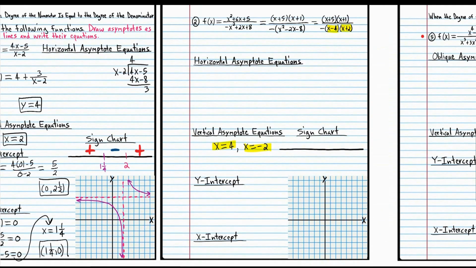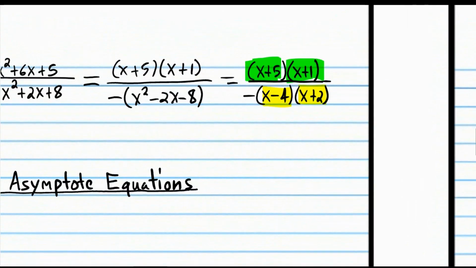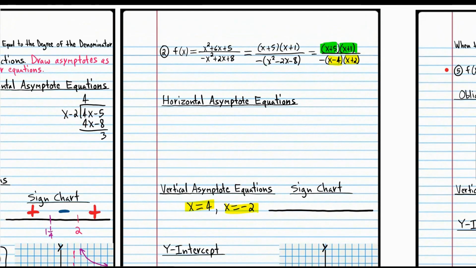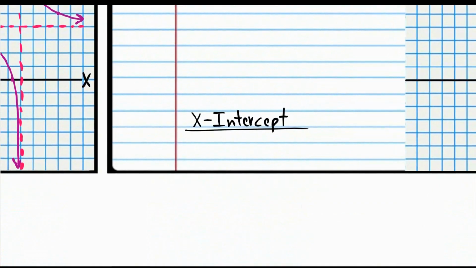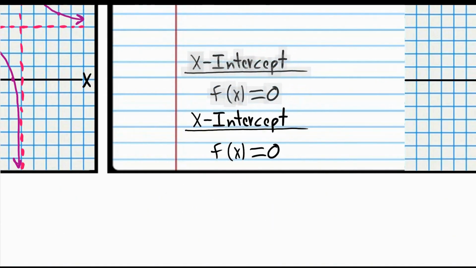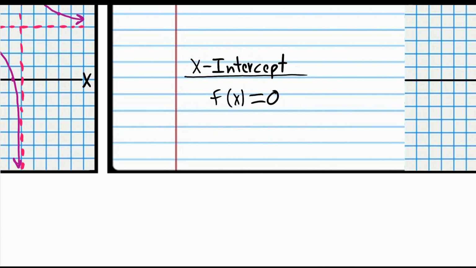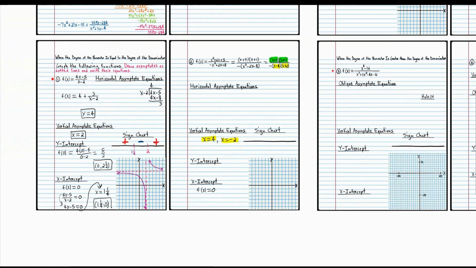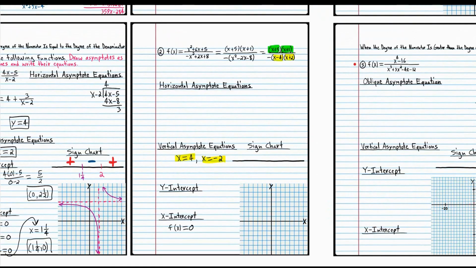We can also see the x-intercepts. That's these green factors up here tell us what the x-intercepts are. So we see we have -5 and -1 because that makes the numerator of the fraction 0. In order to find the x-intercepts, we have to set the function equal to 0, and the function is this big expression up here.